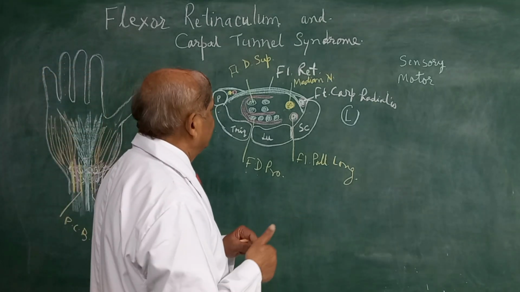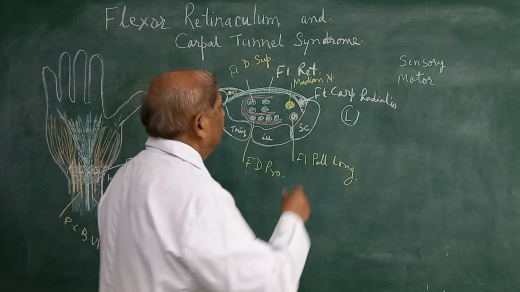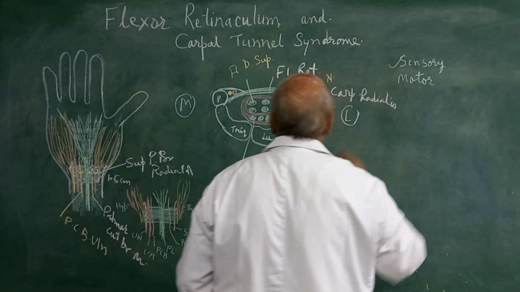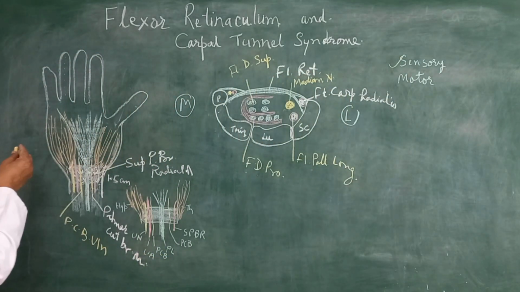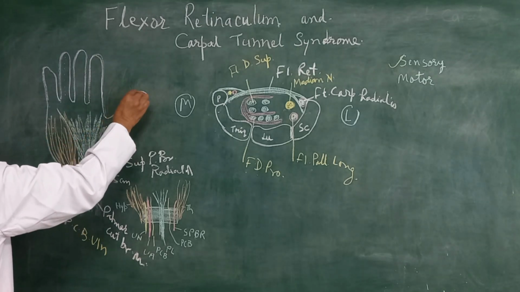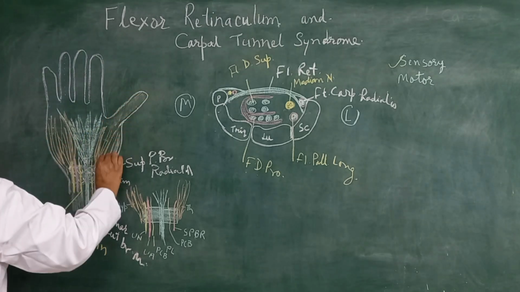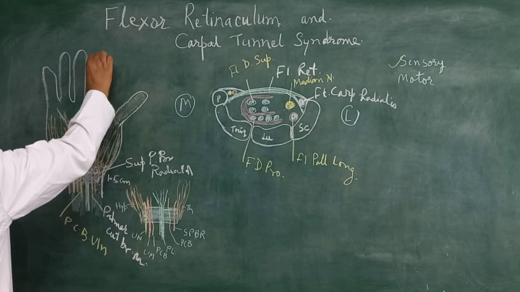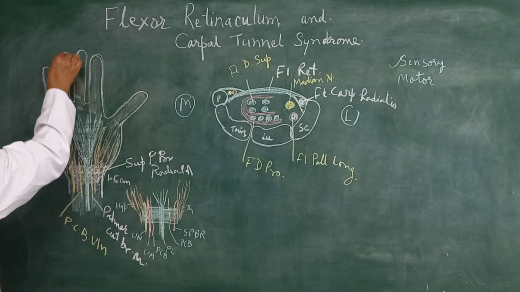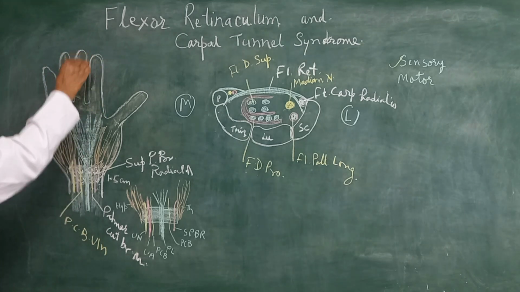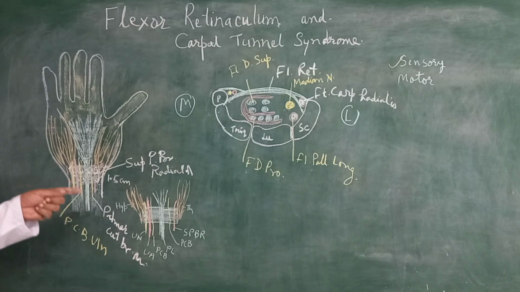The sensory supply of this median nerve through its two terminal branches will be for the whole of the thumb, the index finger, the middle finger, and half of the ring finger.